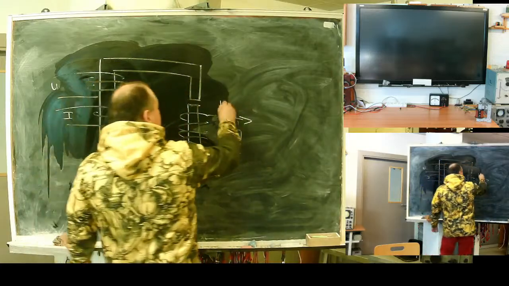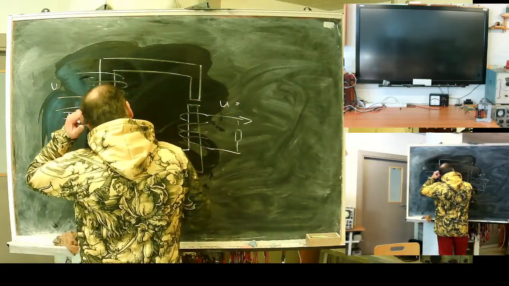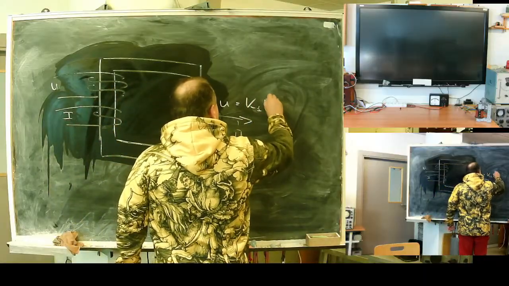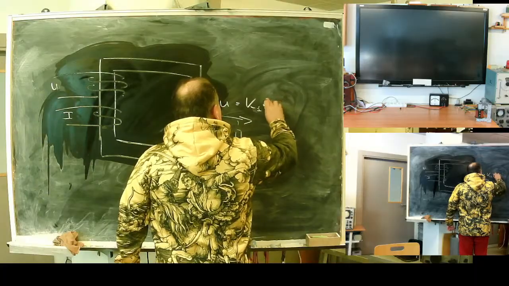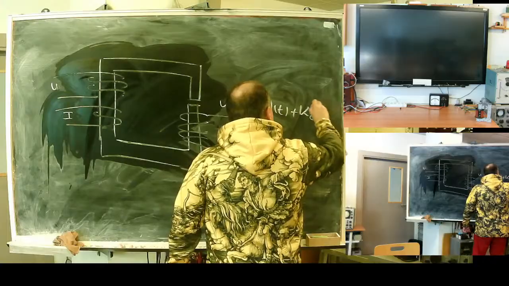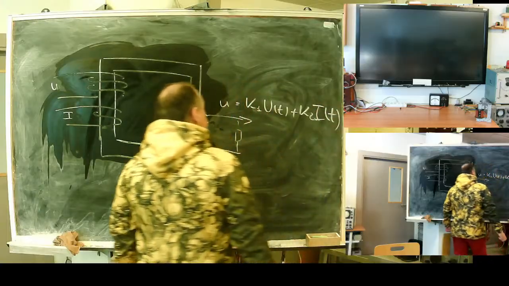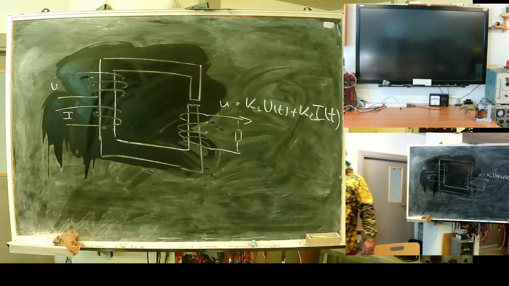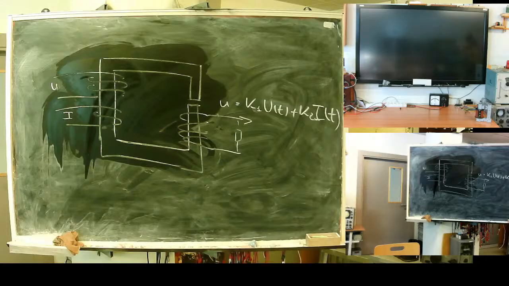The secondary voltage is K1R pulse. It's performed as a linear sum. This type of system was quite popular in the 70s in analog devices.